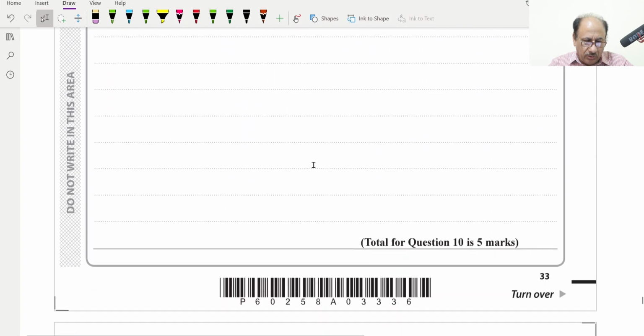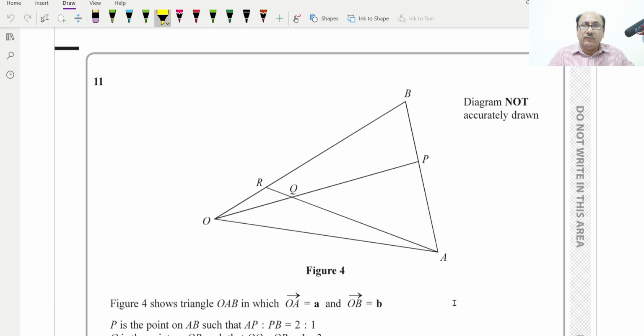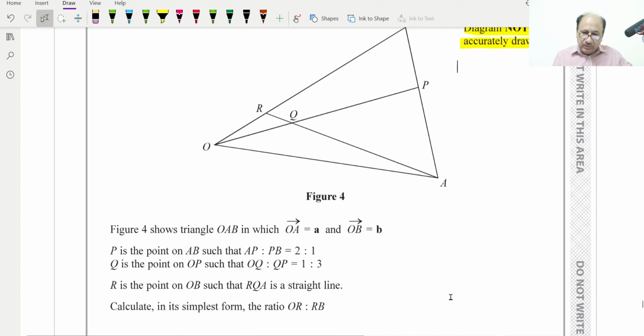Hopefully you understood this question as well. Question number 11 is a tricky question. They have given a diagram, and the diagram is not accurately drawn. This is a triangle and diagonals are drawn. So figure 4 shows triangle OAB in which OA is equal to a.